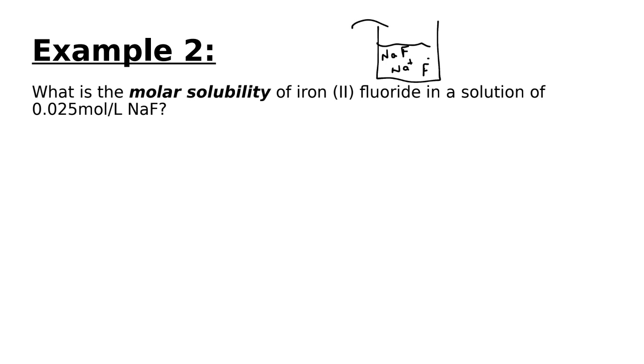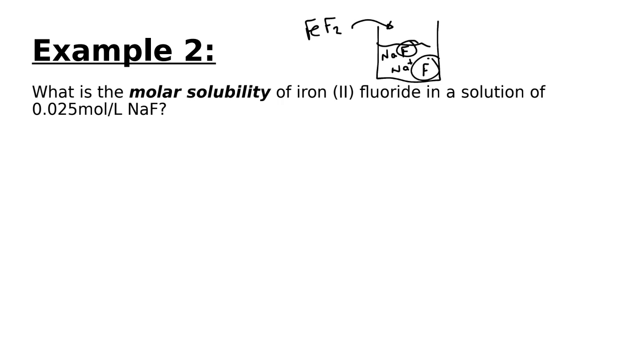And then here we come with our iron 2 fluoride, our FeF2, and we're going to try to dissolve that solid into the solution that already has a common ion present. So we don't care about the sodium ion concentration, but we sure care about the fluoride ion concentration because we know it's not going to allow FeF2 to dissolve as much.